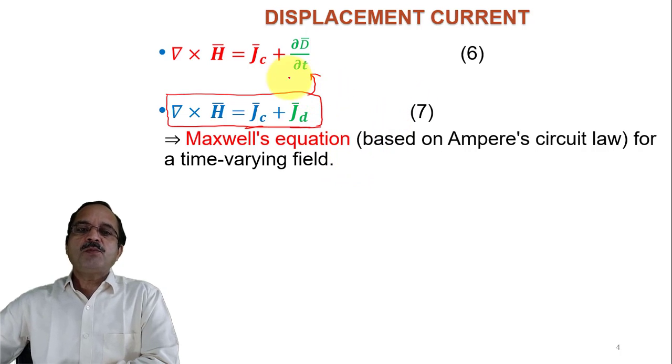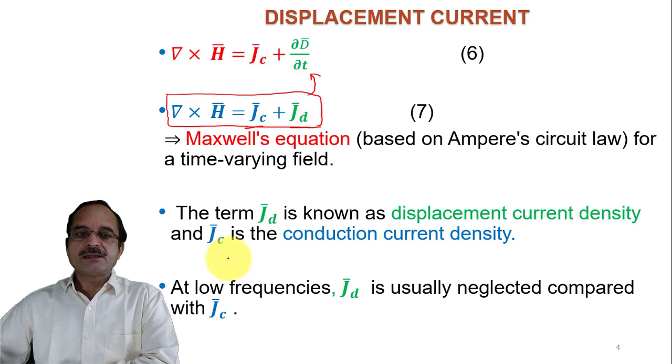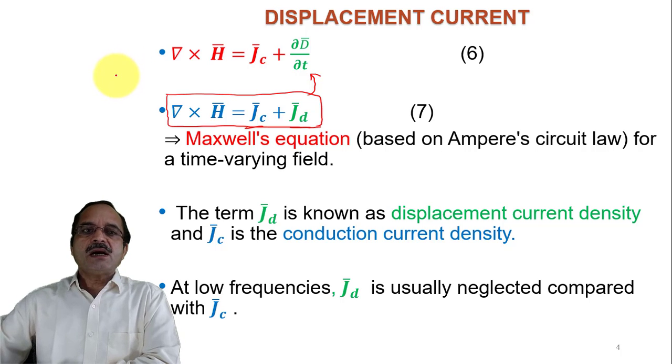One of the very important equations in electromagnetics. So as we have seen, JD is the displacement current density and JC is the conduction current density. Now these current densities are functions of frequency.